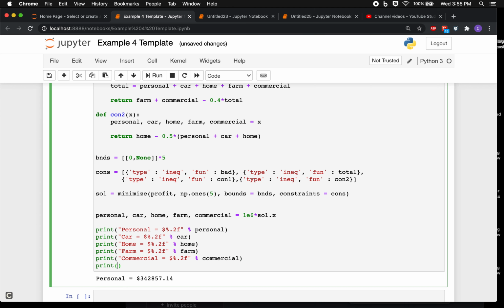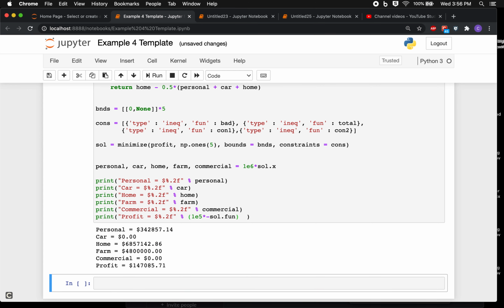So print my profit is, and this is going to be in millions, percent G, percent 0.2f, put a dollar sign in here. And then I also have to multiply this by 1e6 times minus sol.fun.